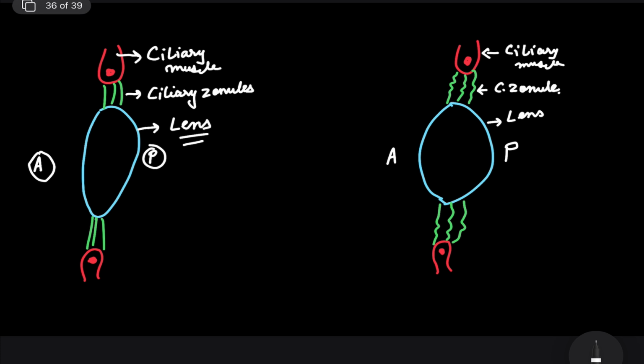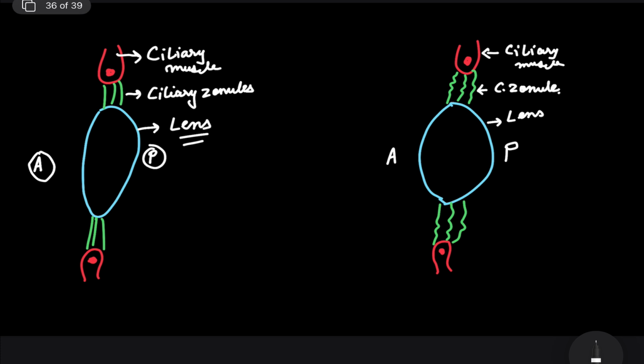Whereas when the light rays are traveling from closer distances, we would want the anterior surface of the lens to be curvier. That is all. That is all that I wanted to convey through all these 5 or 10 minutes of whatever I have concocted over here.